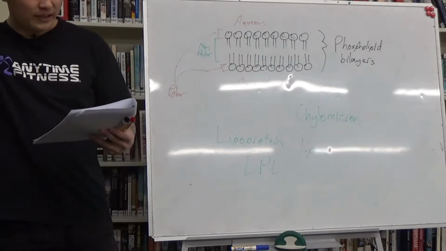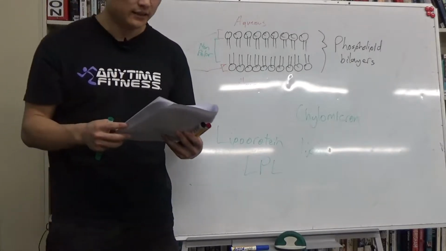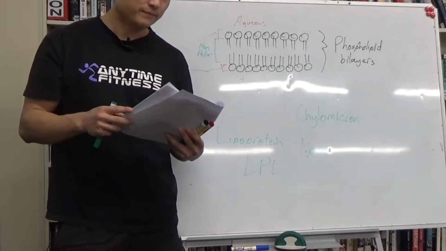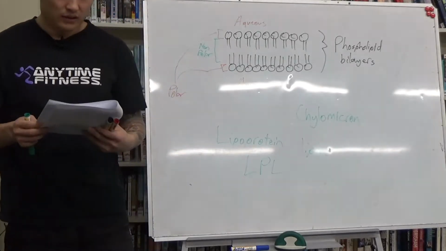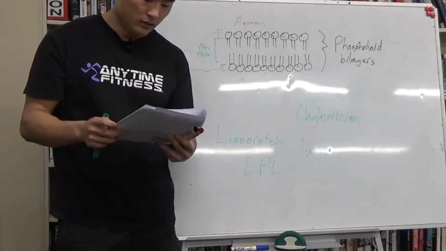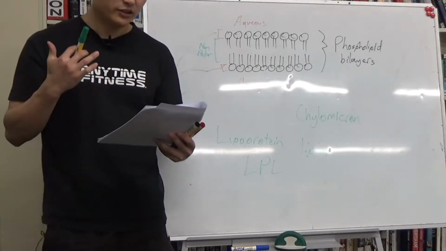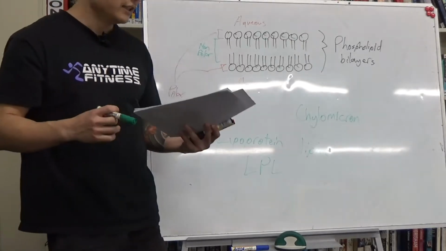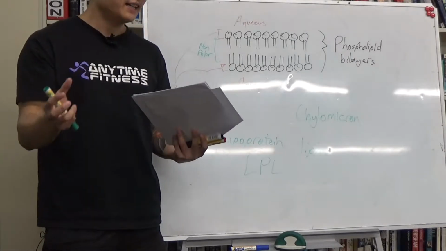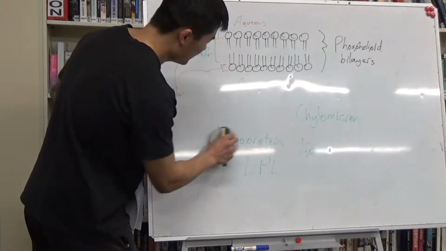The lipoprotein lipase requires a cofactor, and that cofactor is called ApoC2. Okay. So the lipoprotein lipase hydrolyzes the triglycerides into glycerol and 3 fatty acids. That's the key difference between pancreatic lipase and lipoprotein lipase.